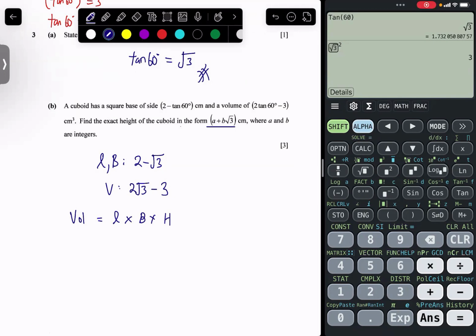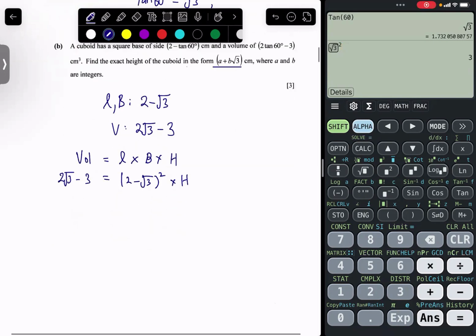The length and breadth is 2 minus root 3, so we can write it as (2 minus root 3) squared times the height. The volume is 2 root 3 minus 3. So manipulating the formula, the height is equal to 2 root 3 minus 3 divided by (2 minus root 3) squared.